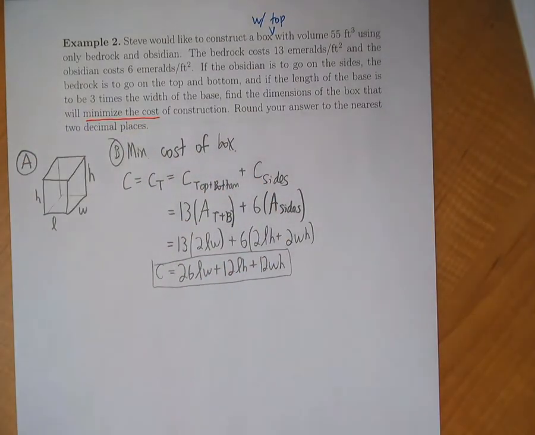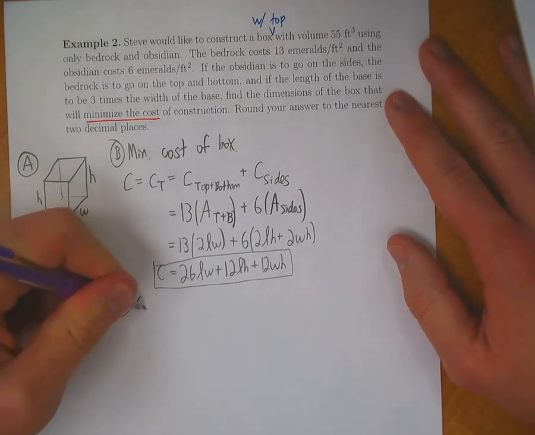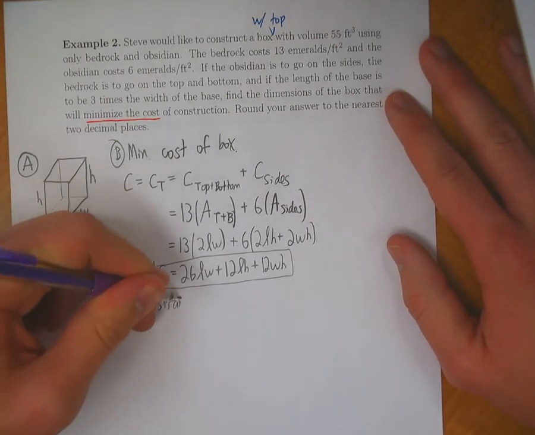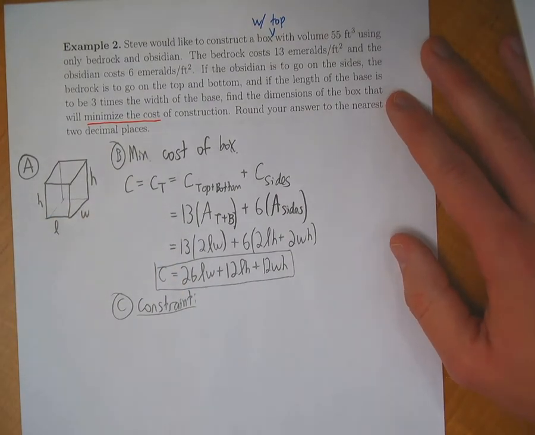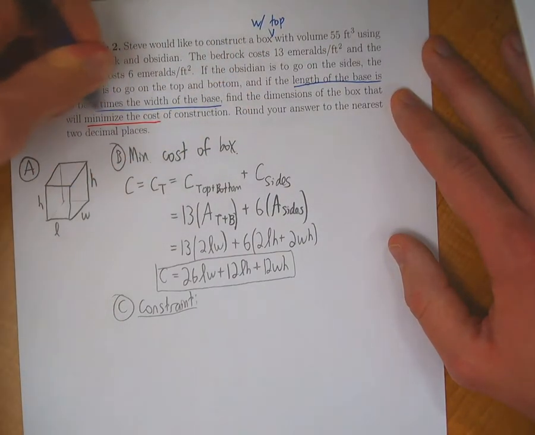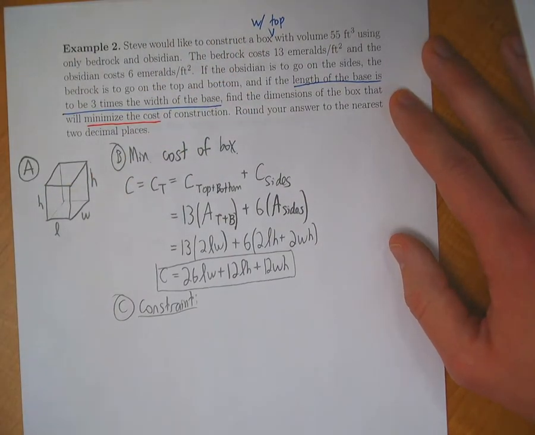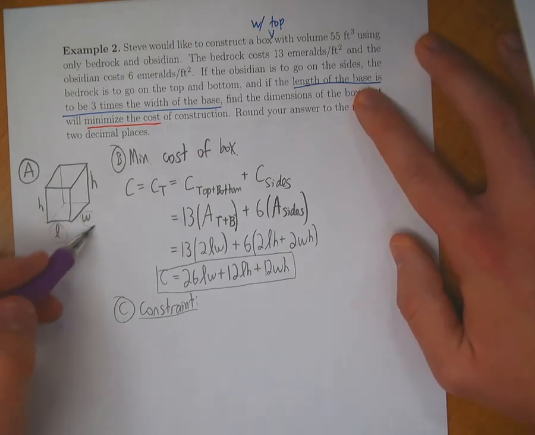But this is an optimization problem, and we kind of need everything in terms of one variable. So how do we fix that? Well, let's look at our constraints. One thing we haven't used yet that could be useful is that the problem states that the length of the base is 3 times the width of the base. So L is the length of our base, and W is the width.